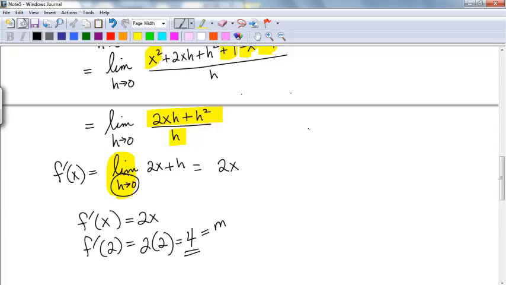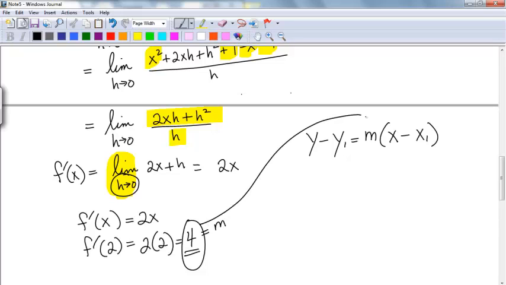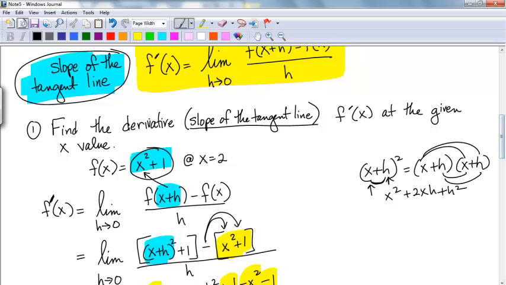I'm going to do it using this, y minus y sub 1 equals m times x minus x sub 1. I now know the slope. I can put that back in for m, sub it in. It was at x equals what? It was at x equals 2, right? This value was 2. Ooh, now I need to know the y value. If x is 2, go all the way back to the original. If x is 2, what's this y value have to be?